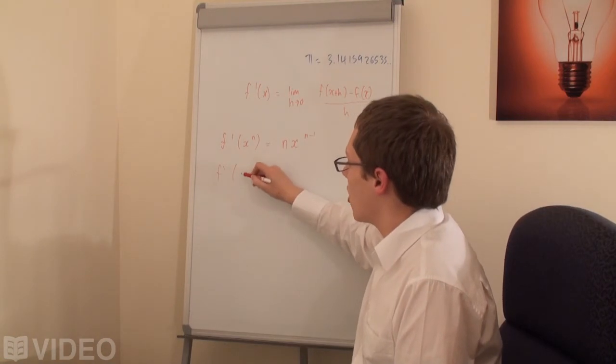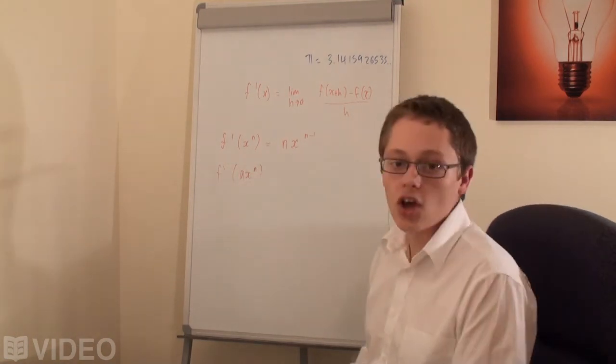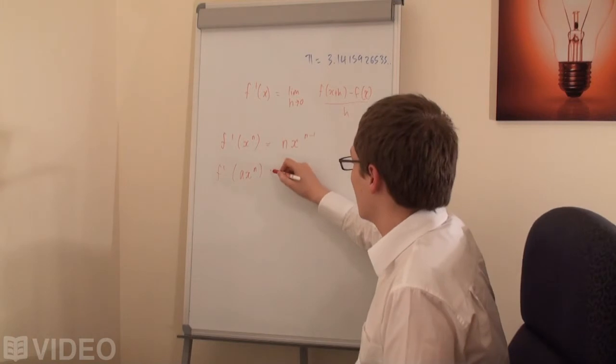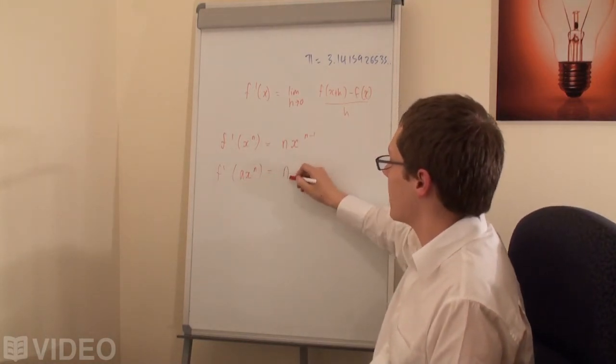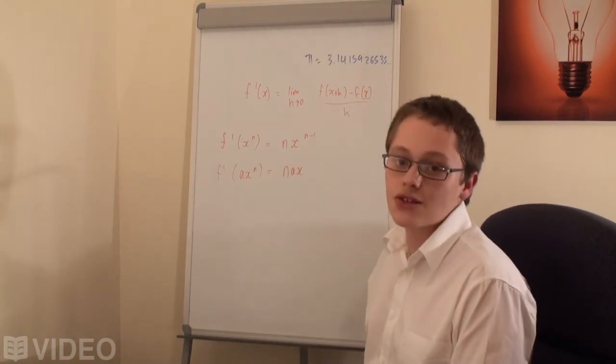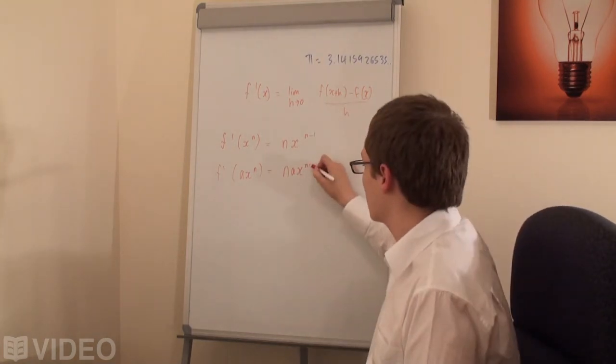And the f prime of ax to the n, where we have a coefficient of a out the front, is going to be equal to bringing that little exponent down, so we get nax, and then subtracting 1 from the exponent.